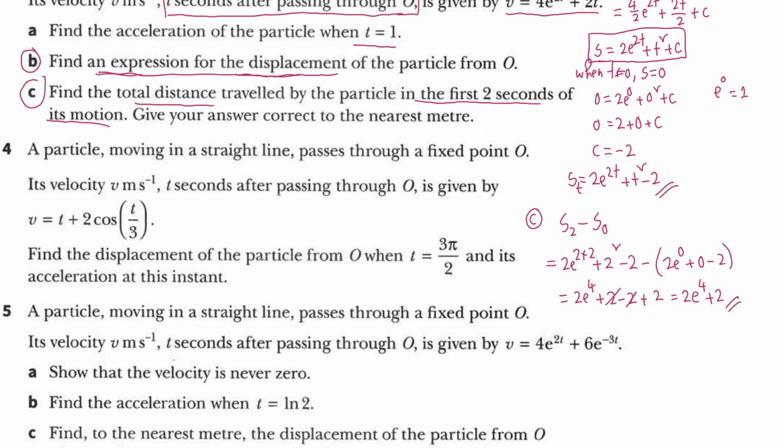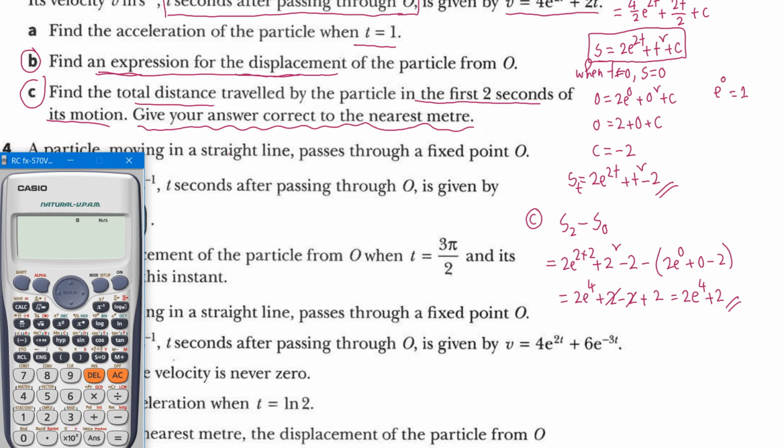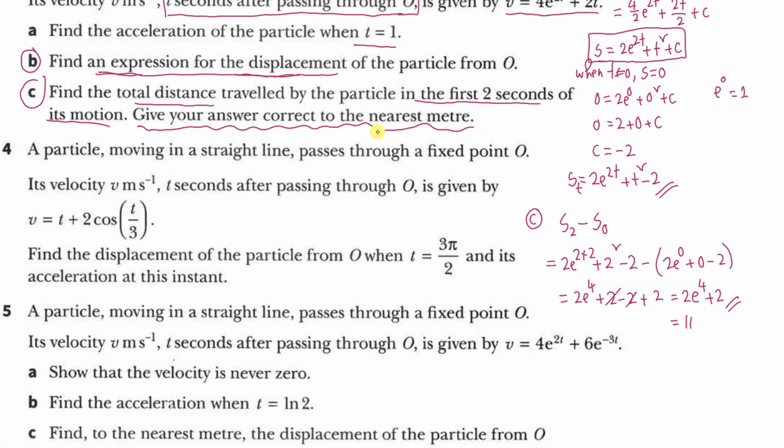This is our exact value of the distance traveled in the first 2 seconds, but the question says, give your answer correct to the nearest centimeter. You have to use the calculator. Let me put the value in our calculator. 2 times shift, the exponential function e^4, then plus 2, and we would get 111.19, 111.192 it was.